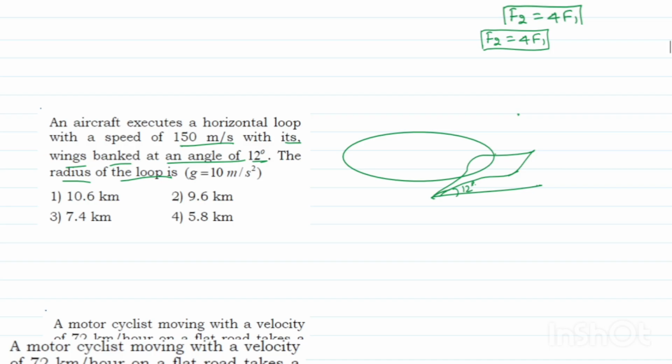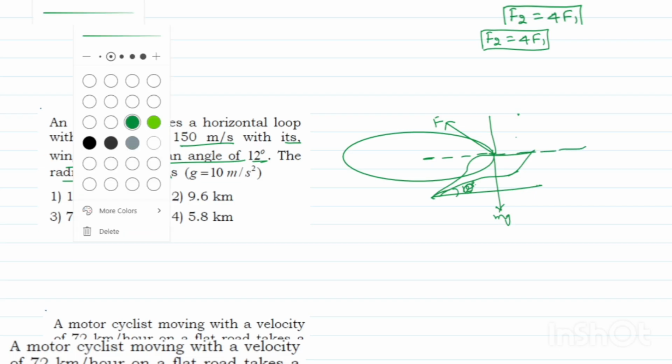So this is a lifting force you have to imagine. This lifting force, and here the weight of this aeroplane, is going to be acting downwards when it is making a turn, mg. And this lifting force, when you are resolving, and this is 12 degrees it's given, let us take this one as theta, and this is the horizontal value.